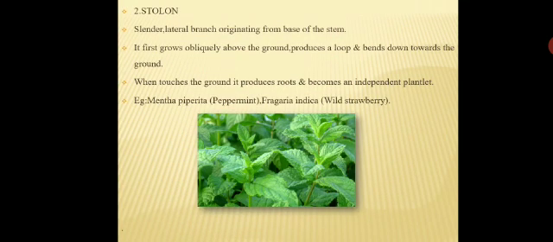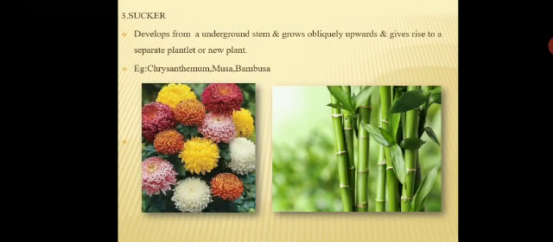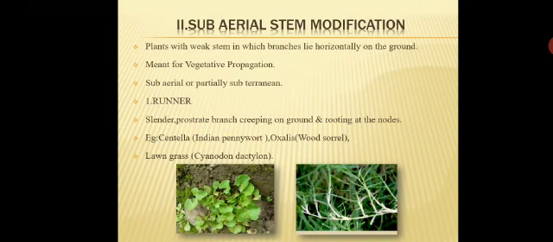What is the meaning of underground stem modification? Underground stem modification means the stem that has the capacity to be modified and is present below the soil surface. That is called an underground stem modification.